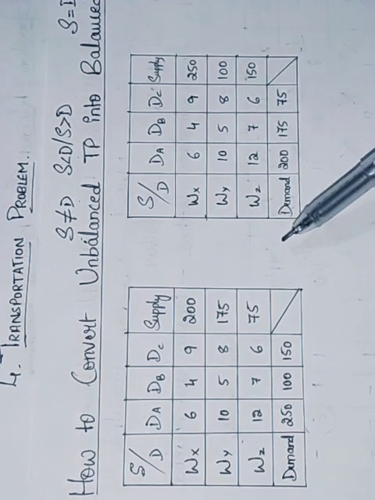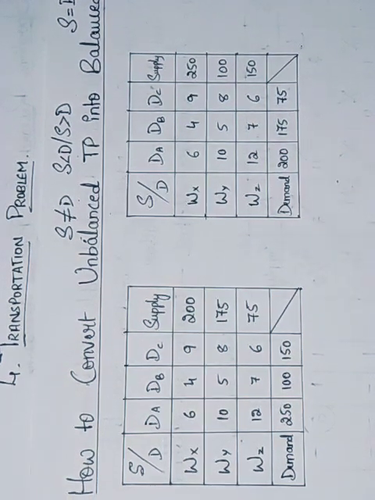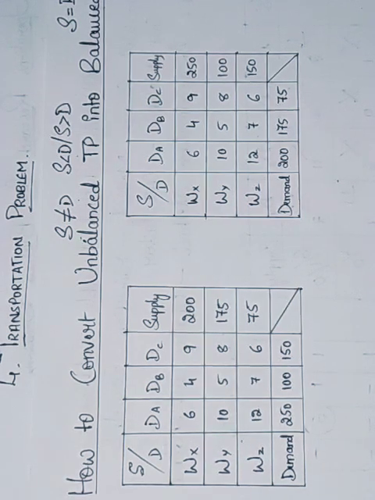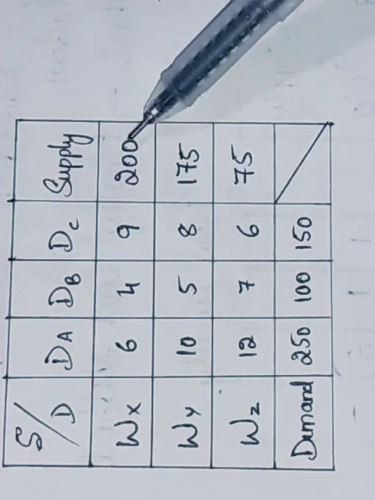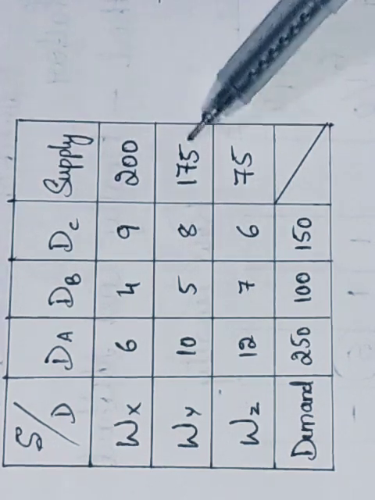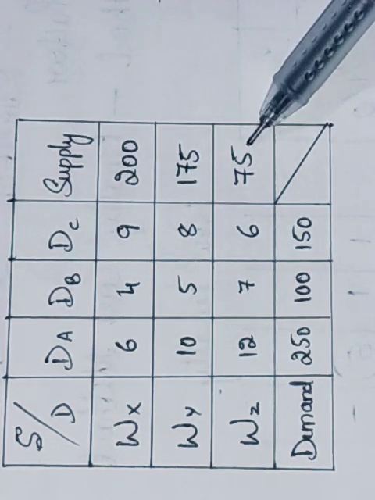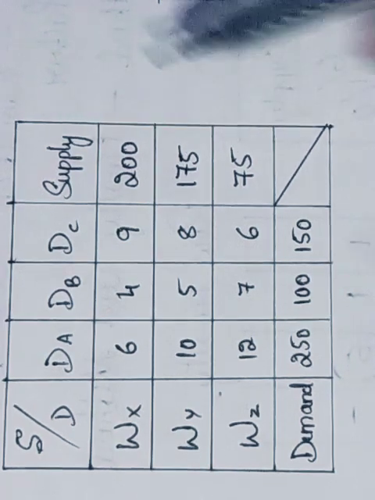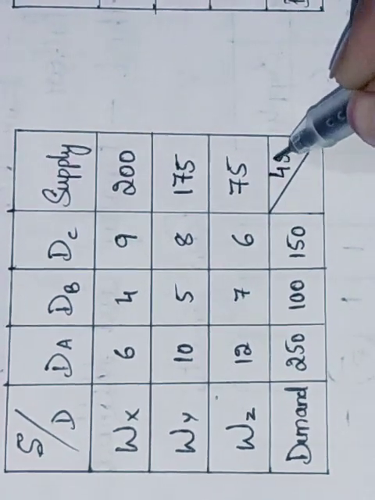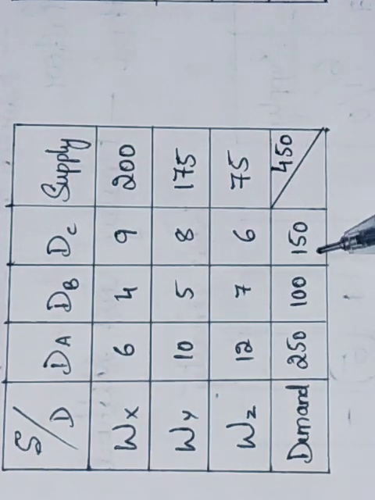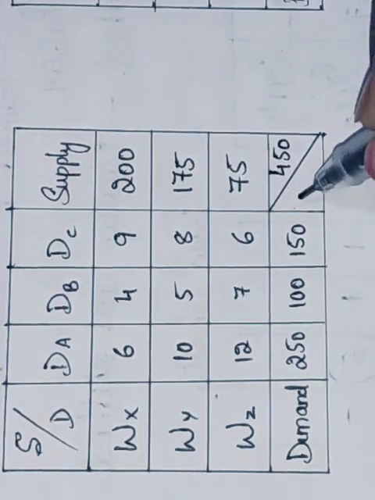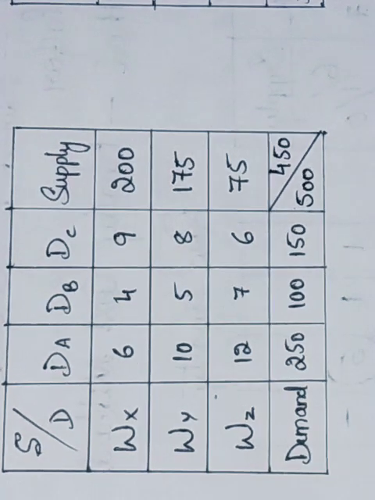So here I have taken an example of an unbalanced transportation problem, wherein supply is 200 units, 175 units and 75 units. So what will be the total? It is 450 units of supply. Demand is 250, 100 plus 150, which is 500 units of demand.